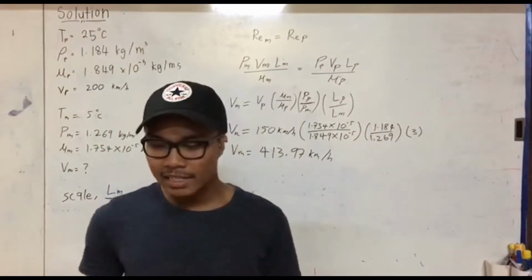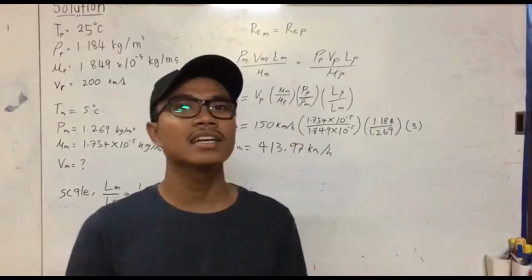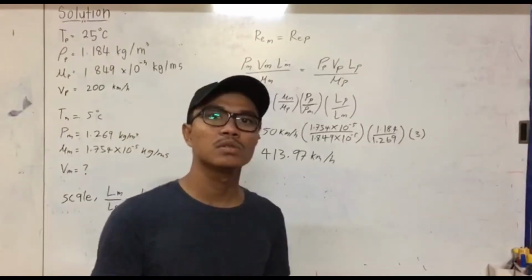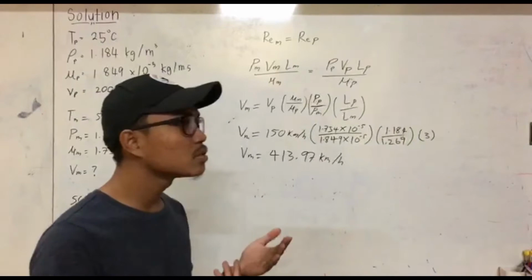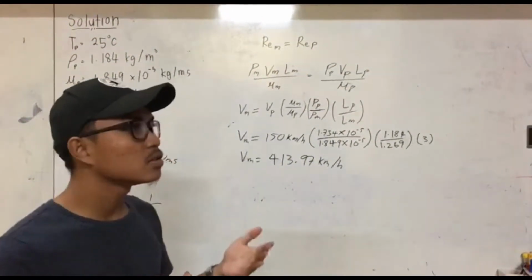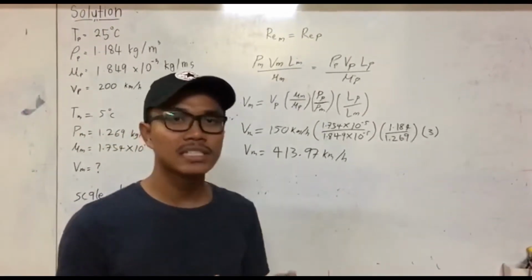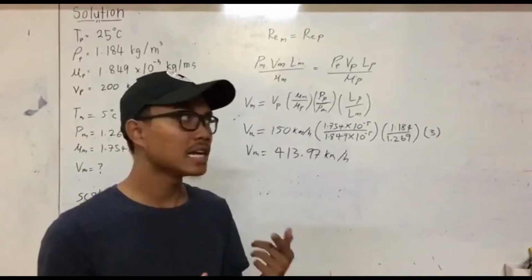What I understand about this topic, dimensional analysis and modeling, is that when designers design something, they need to do experiments on their design. In order not to waste money and time, they do not do the experiment on the full scale prototype. They do the experiment on a model.